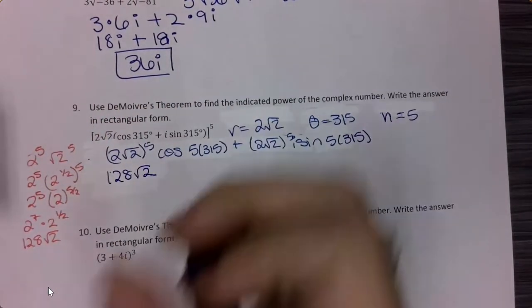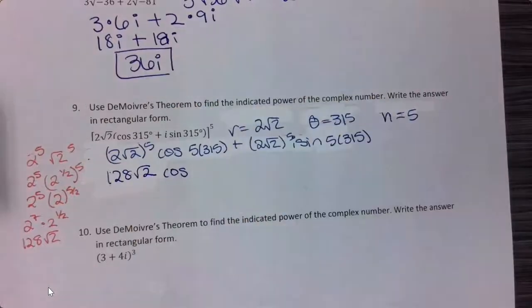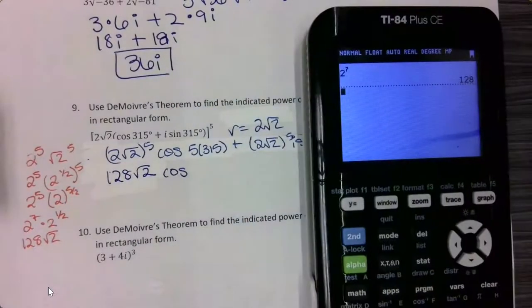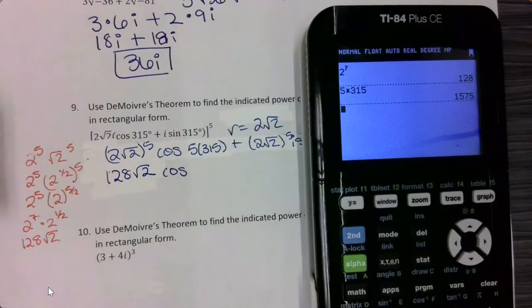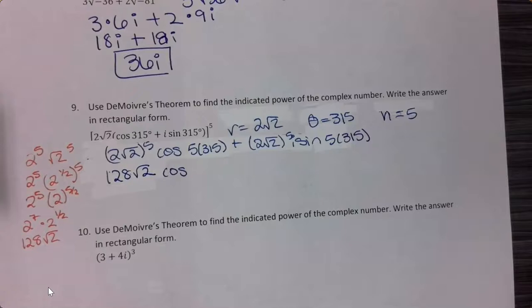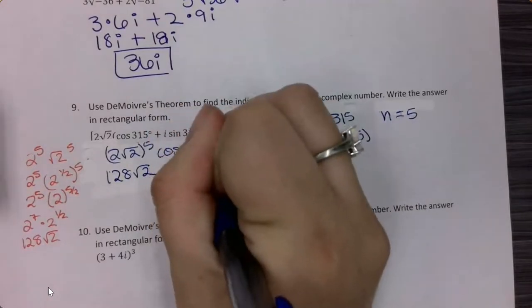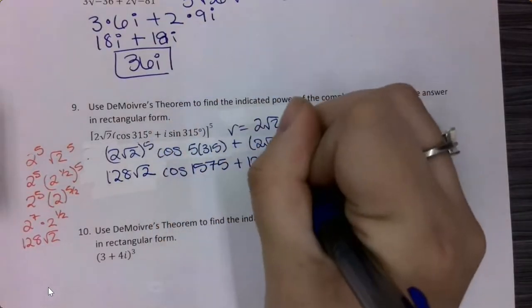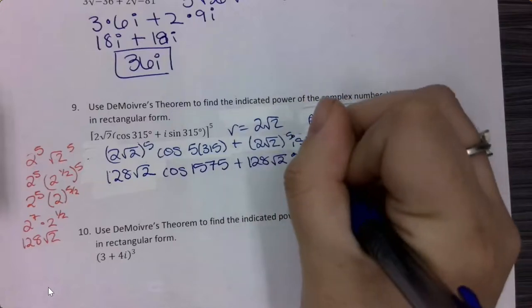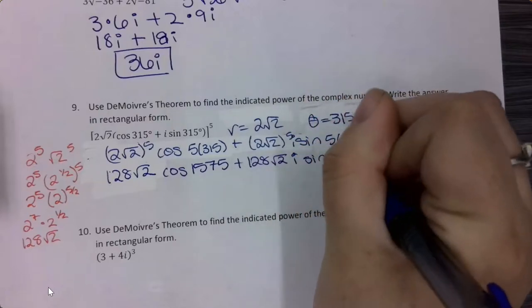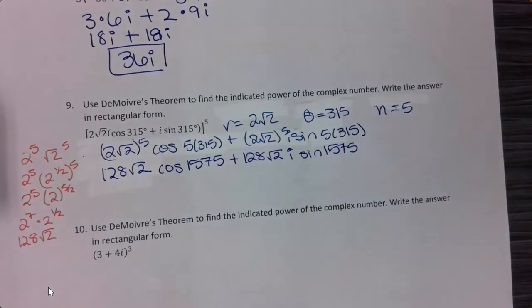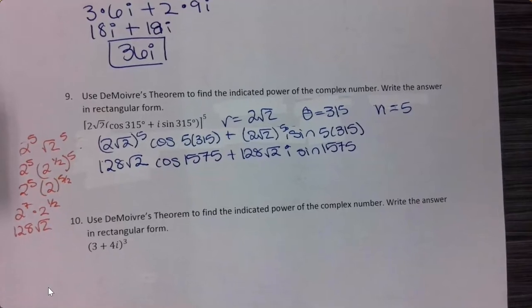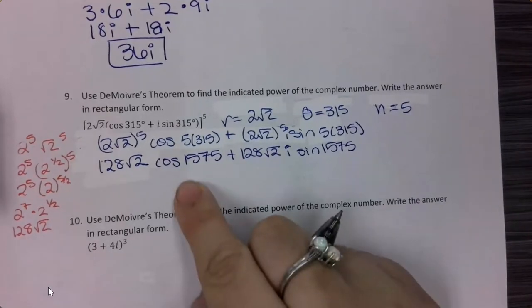Then I am going to multiply the 5 and the 315 to figure out what my angle measure is, which is 1575. Then I am going to figure out a much smaller angle that 1575 can turn into.